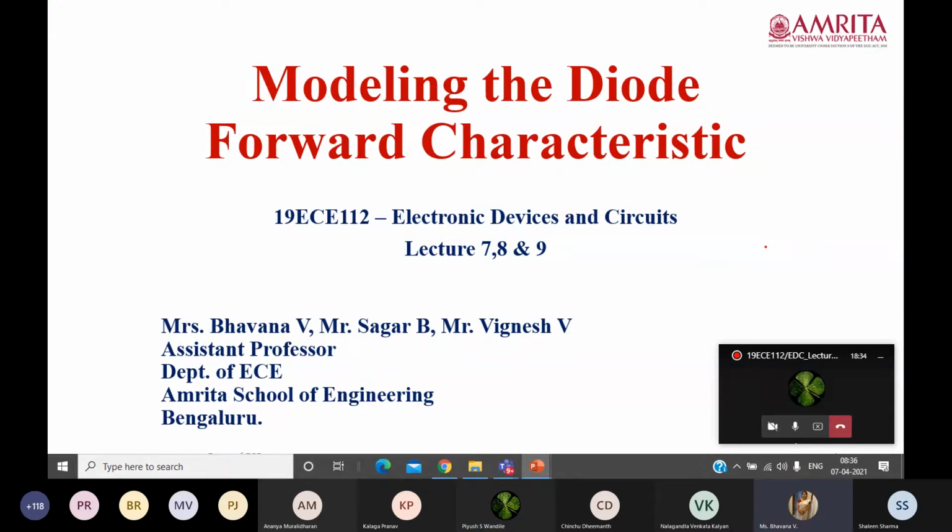VT is equal to kT by q. T is in degrees Celsius or in Kelvin? Kelvin, ma'am. And q is the electronic charge, 1.6 into 10 to the power minus 19 coulombs. Okay, fine.